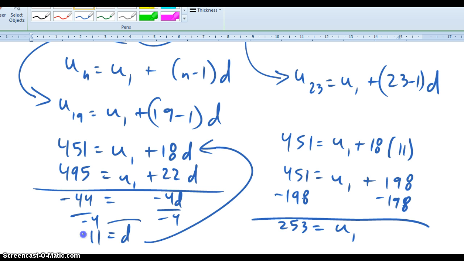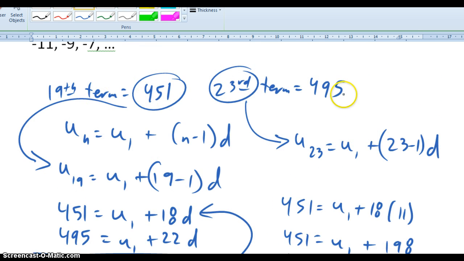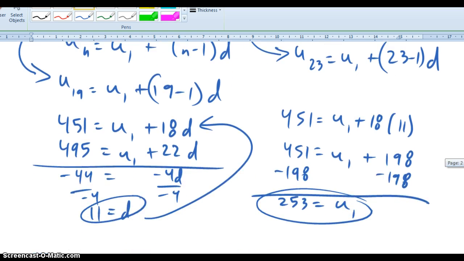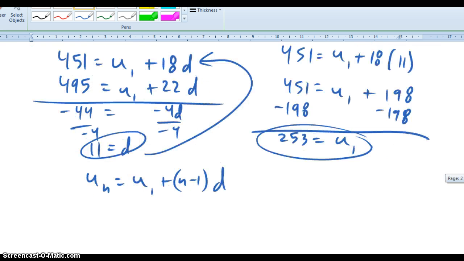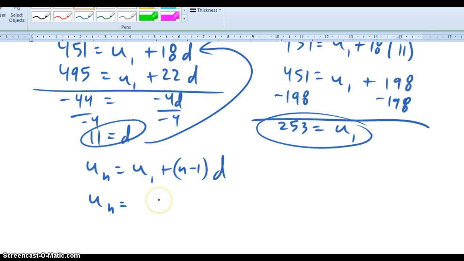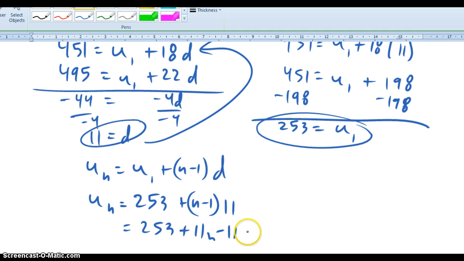So we found d, and we found u sub 1, given the 19th term and the 23rd term. It might also ask for the general term at that point. So with u sub 1 and d, we're going to plug into this formula. We have u sub n equals 253 plus n minus 1 times 11, and we can simplify that a little bit: 253 plus 11n minus 11.